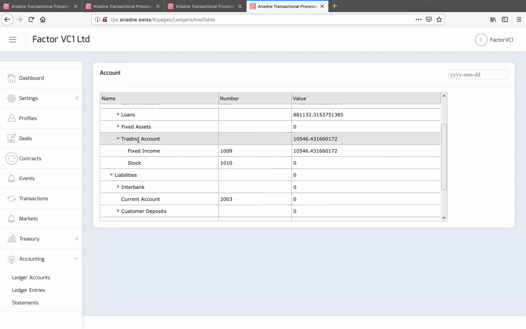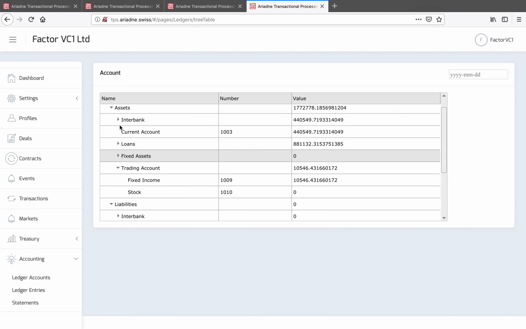As in here, you can see that this is the trading portfolio that is represented here on the financial statement. Thank you.